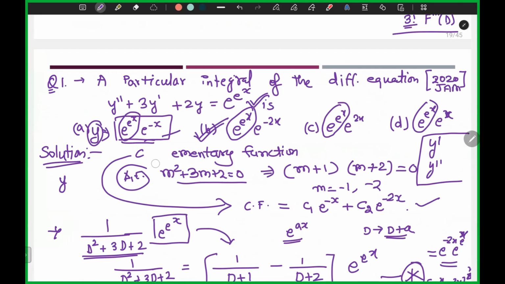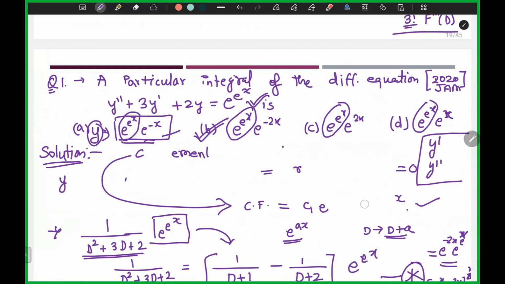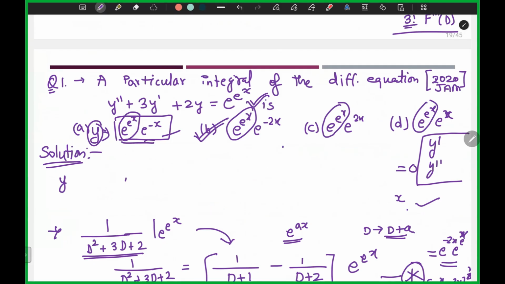So e^(e^x) is common. So you are just taking y as e^(e^x), and you are just multiplying by e to the power some alpha x, where alpha is minus x, minus 2x, and 1x, right? And you can simply find the value of alpha here. So what is y dash here?